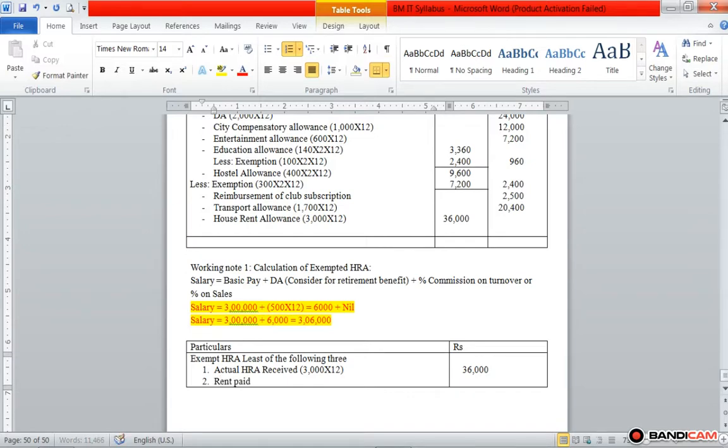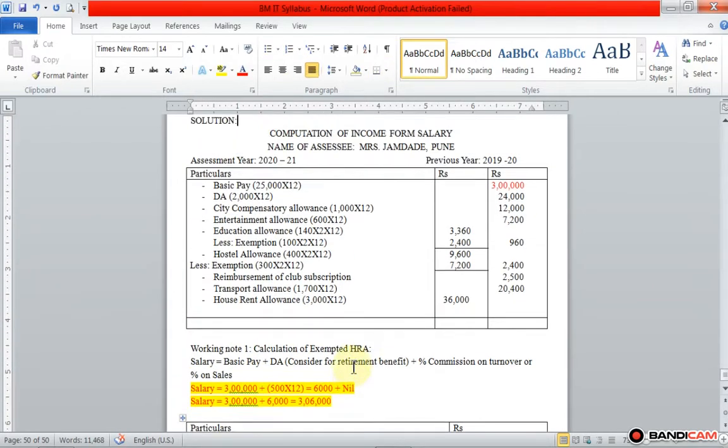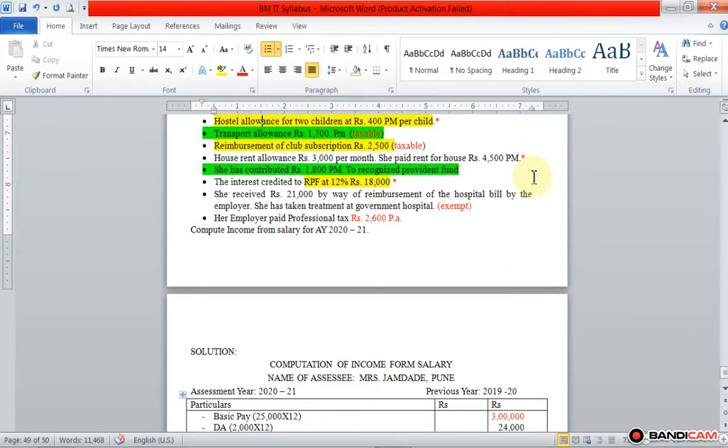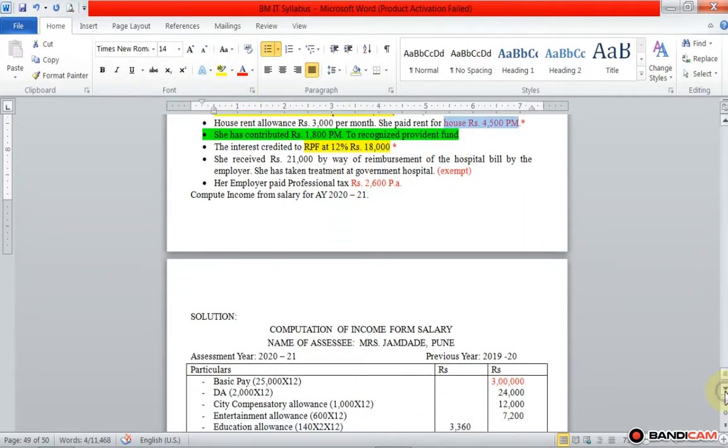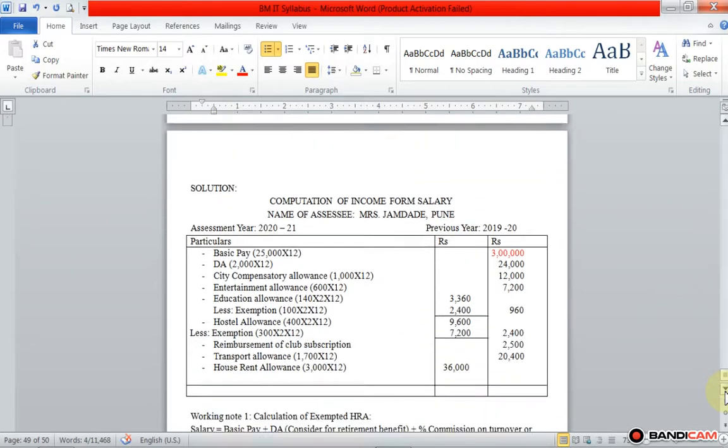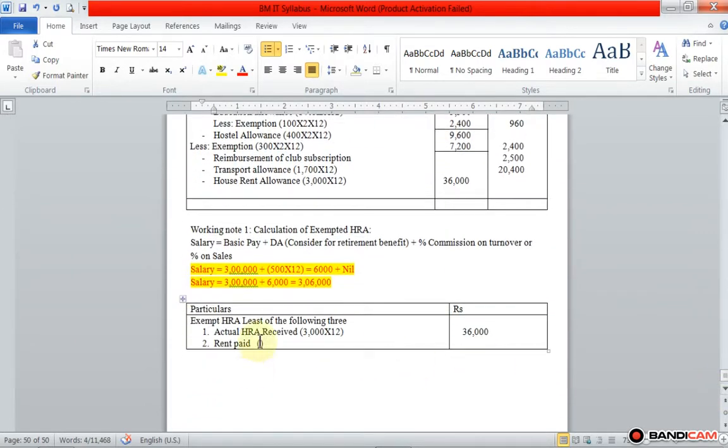Then the second point is rent paid. Rent paid by the assessee is given in the problem: Mrs. Jamdade has paid a house rent of rupees 4,500 per month. So this 4,500 is taken into consideration here. 4,500 multiplied by 12, we get 54,000 in the inner column.